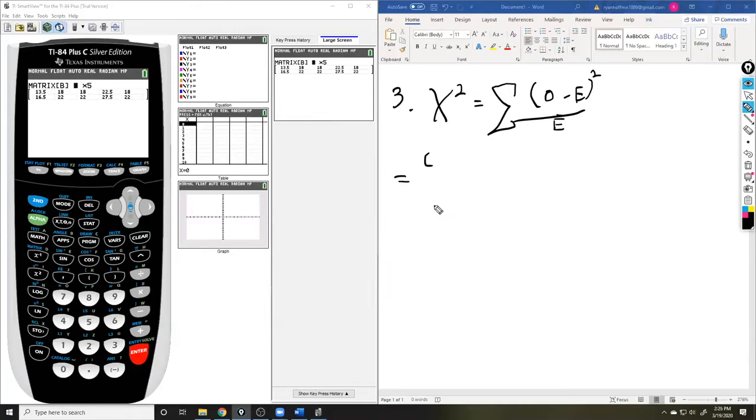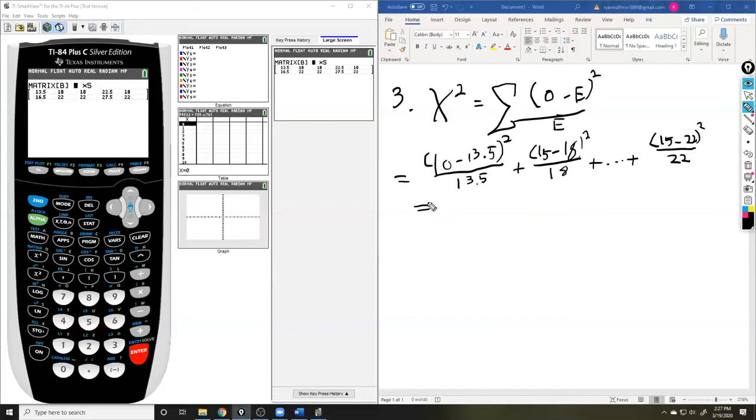So which equals, and then I'm going to have to go back to my chi-square test.